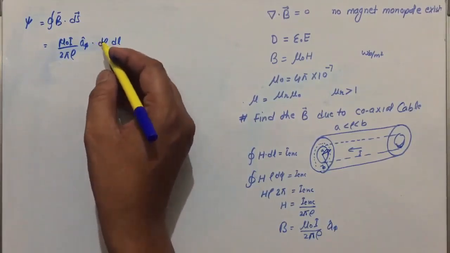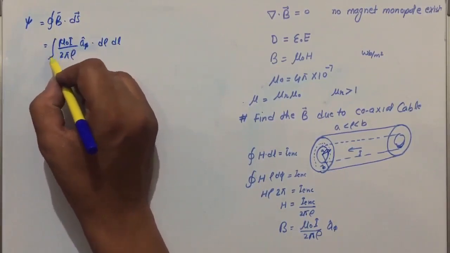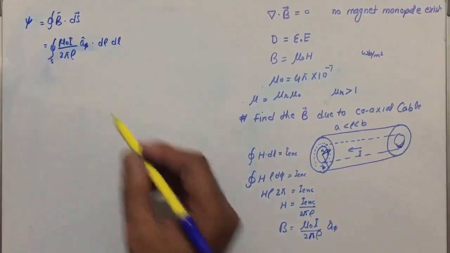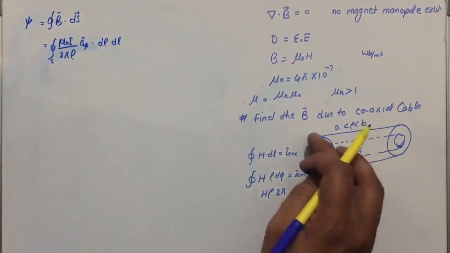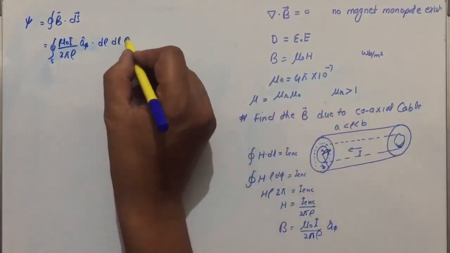So from here it will be a surface integral. The area vector will be in the direction of the curling of the fingers, that is, in the direction of a phi.